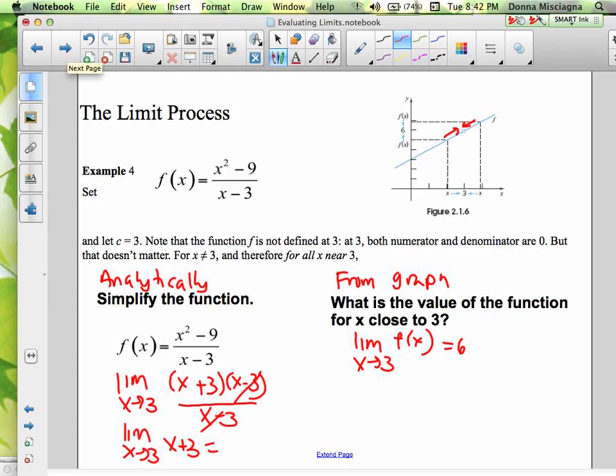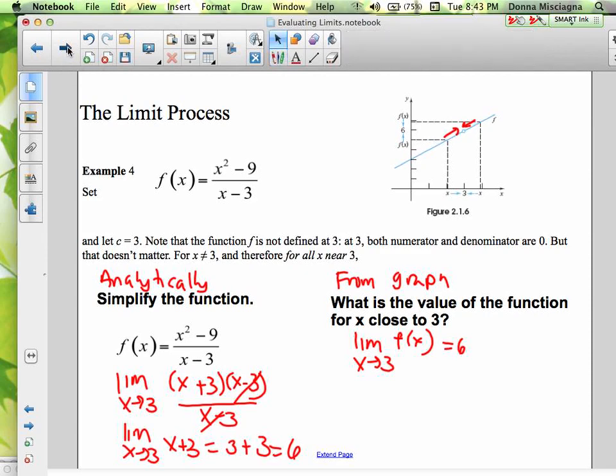If we were rewriting the function, it would be for x not equal to 3, but it's not important for the limit because we don't care about the value of the function, we just care what it's approaching from either side. So now we can substitute in because we've eliminated the factor in the numerator and denominator that repeated. So now we would just have 3 plus 3, which is 6. So notice that the limit from the graph is equal to the limit we found analytically.